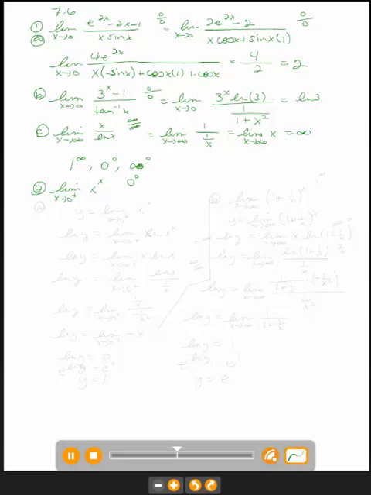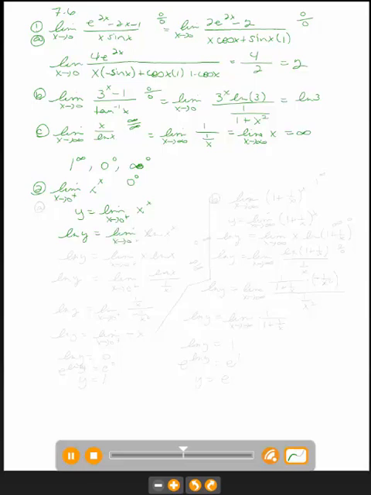So the first thing we need to do, and I don't really care for the way they write it, we're going to change this to y is equal to the limit as x goes to 0 from the right-hand side of x to the x. And then the only way to get an x out of the exponent is to put a natural log through.